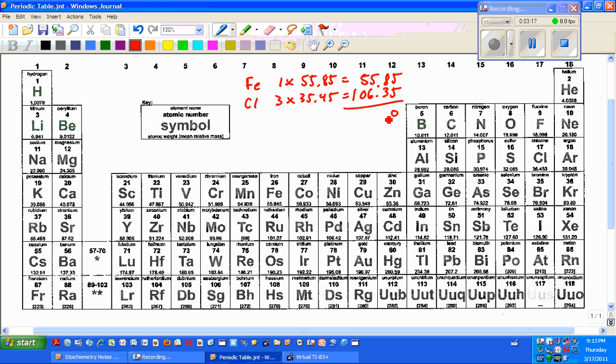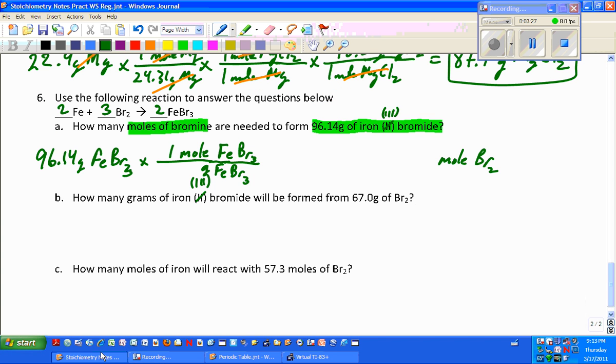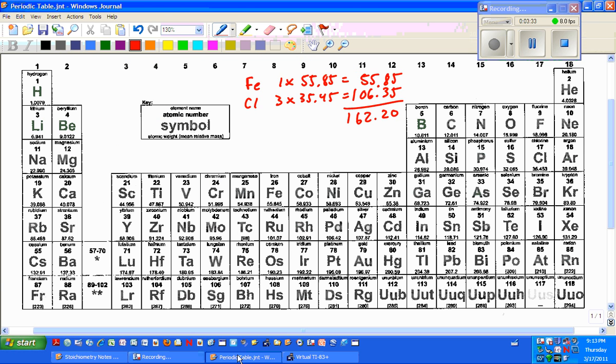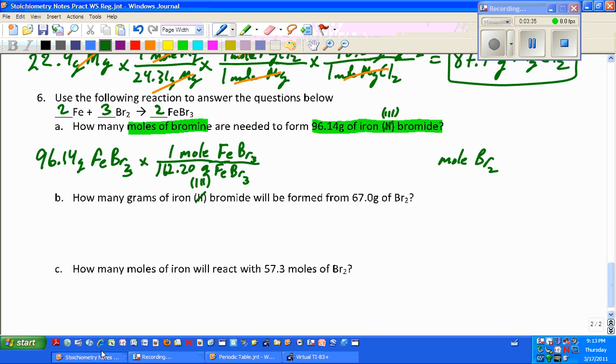That's going to be 162.20 grams. Yes, 20 grams. My grams are going to cancel. Grams of iron 3 bromide cancel.